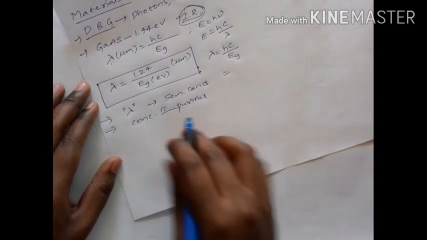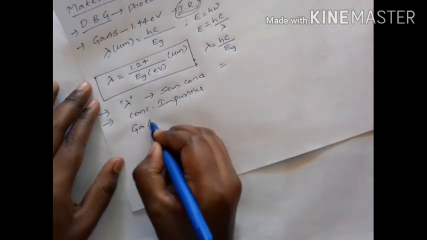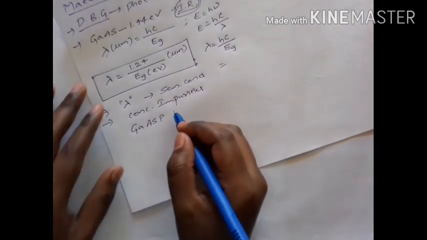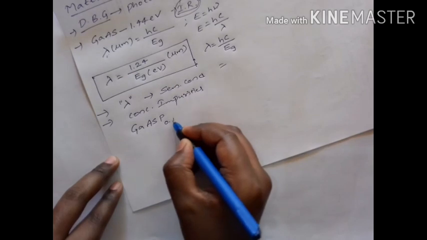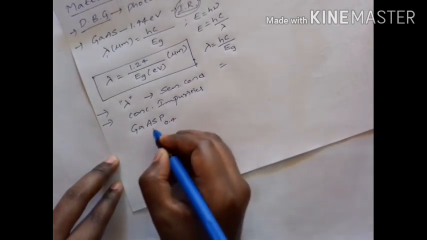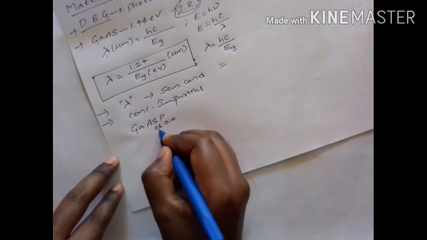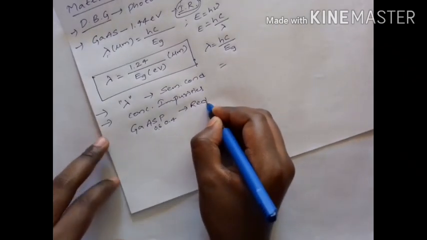This can be easily understood by considering the example of gallium arsenide phosphide. If we maintain the phosphide configuration at 40% and arsenic at 60%, then we will get a red light emitted from the LED.